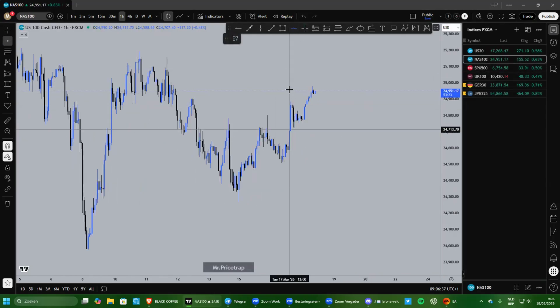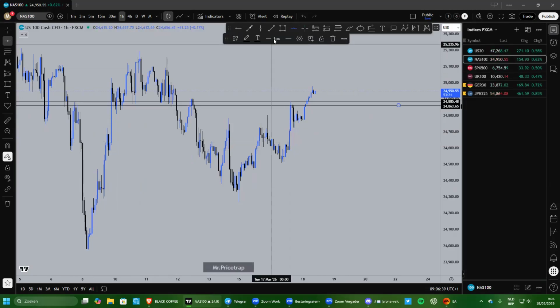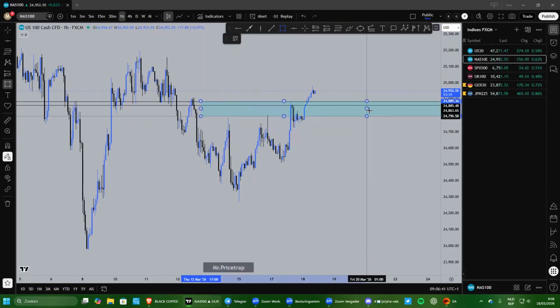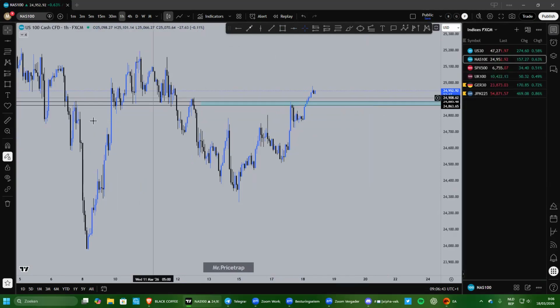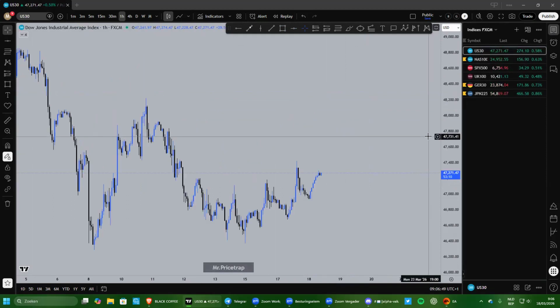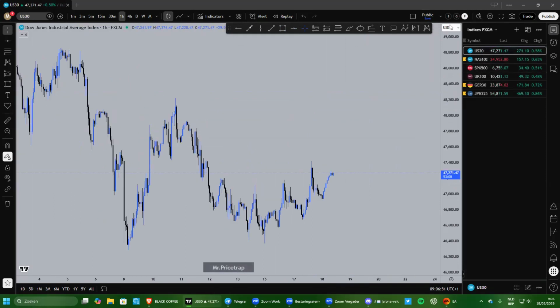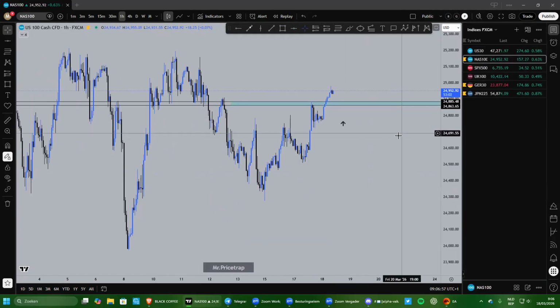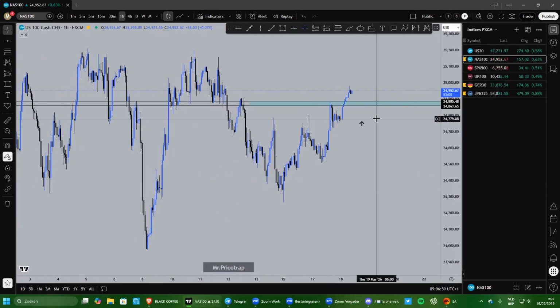We can look for retests on that. US30 I don't like. All right, that's it. I'm gonna take off. The indices aren't looking that good. 5 minutes later, I trapped 3 of them.